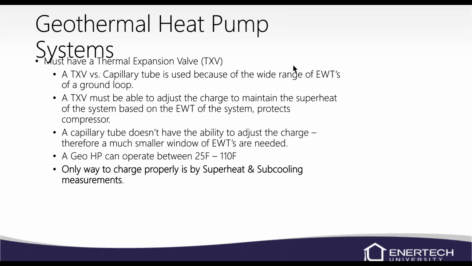So in order to adjust for those water temperatures, a cap tube can't do that, or a fixed orifice piston. So we've got to use the expansion valve. Some of our variable speed water to waters or variable speed units, they'll actually use an electronic expansion valve, but the majority of our units will use the thermal expansion valve.